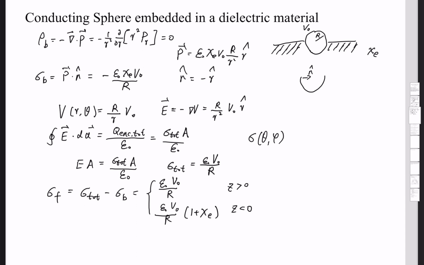So below the surface, there is more free charge, but there is also bound charge that cancels out the additional chi e of this free charge, which makes the total charge a constant over the entire sphere.